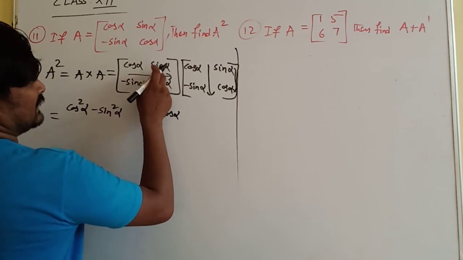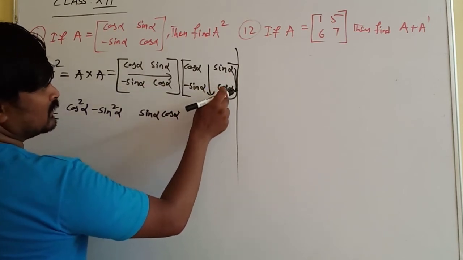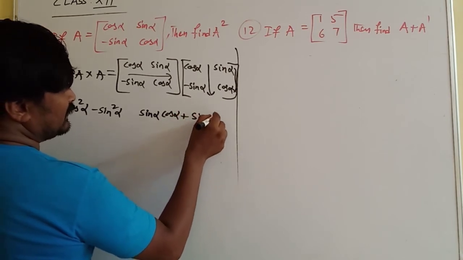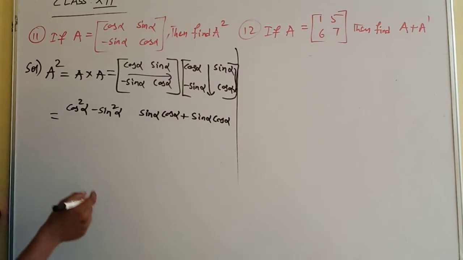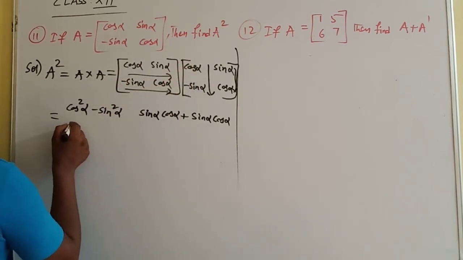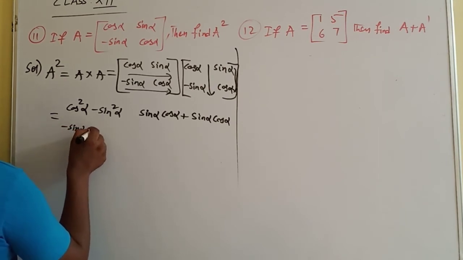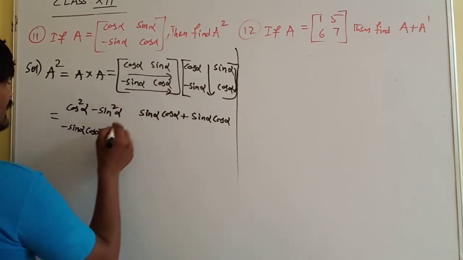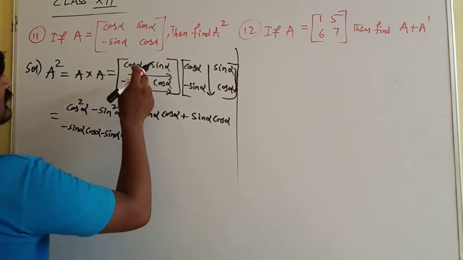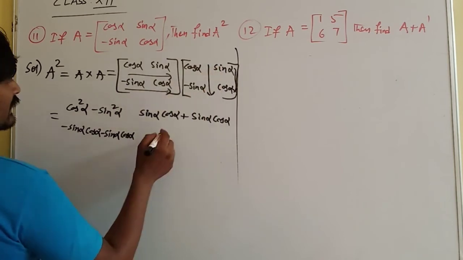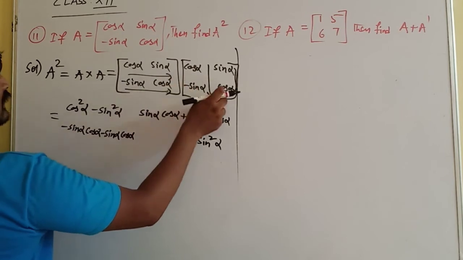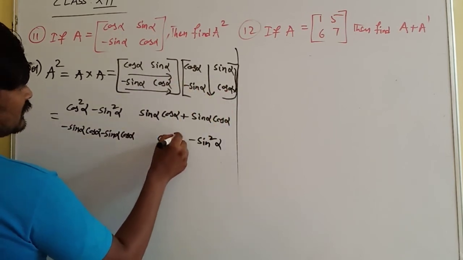Next, sin alpha into cos alpha, so plus sin alpha cos alpha. Next, second row: minus sin alpha into cos alpha, minus sin alpha cos alpha. Next, cos alpha into minus sin alpha, again minus sin alpha cos alpha. Next, minus sin alpha into sin alpha, minus sin square alpha. Plus cos alpha into cos alpha, cos square alpha.